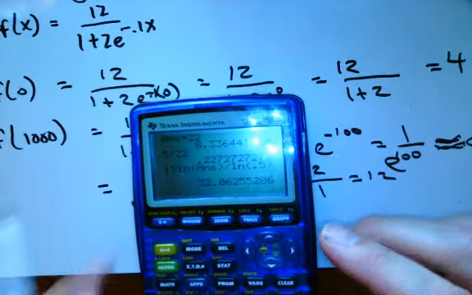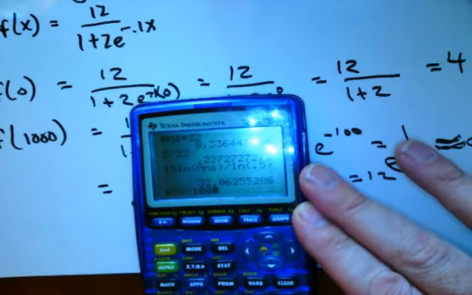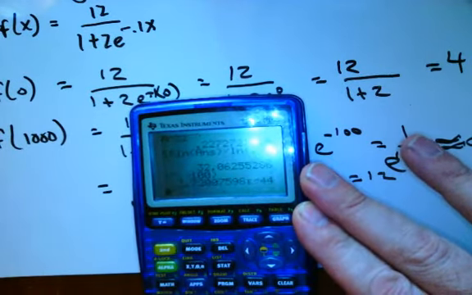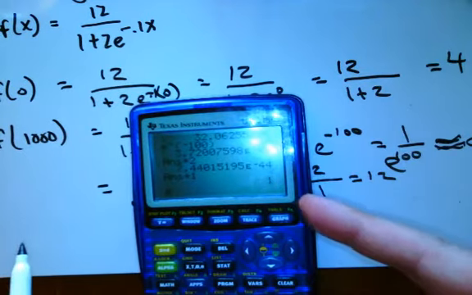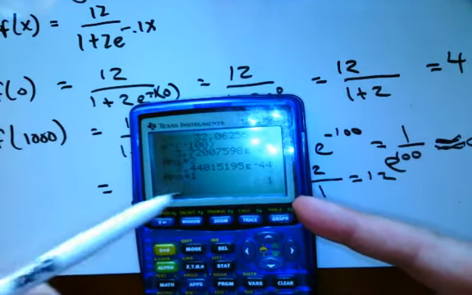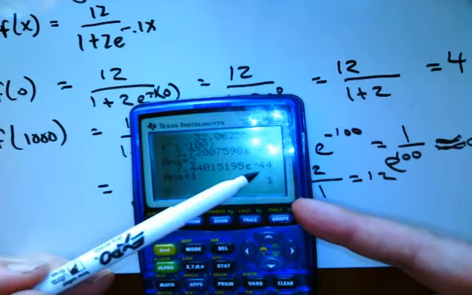Now it's not exactly 12, and if I actually put in that e to the negative 100 in a calculator, I wonder what my calculator gives me. Let's see. E to the negative 100. All right, and I want to multiply that times 2, and I want to add 1 to that.